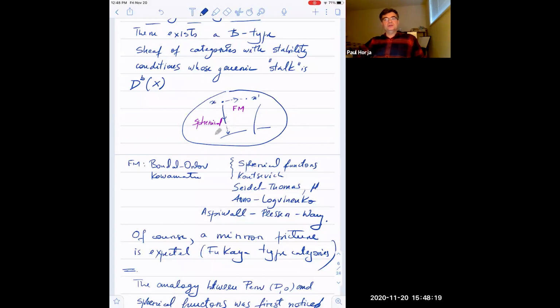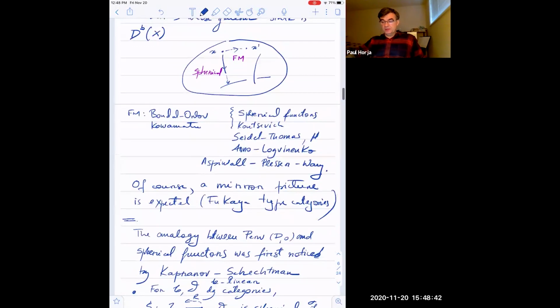What the spherical functor is, I will say a little later, but it's one of these notions that have appeared naturally in the story when people try to think about mirror symmetry.